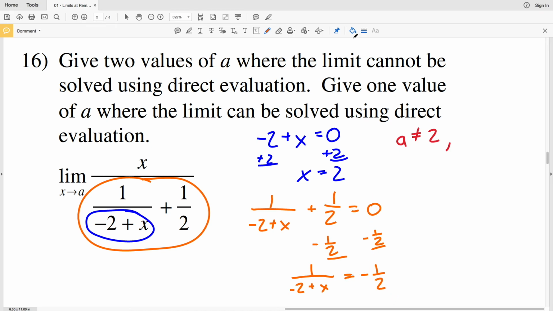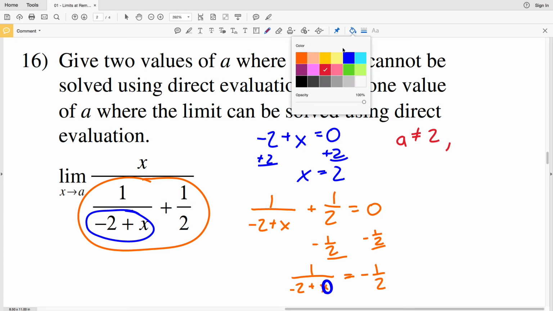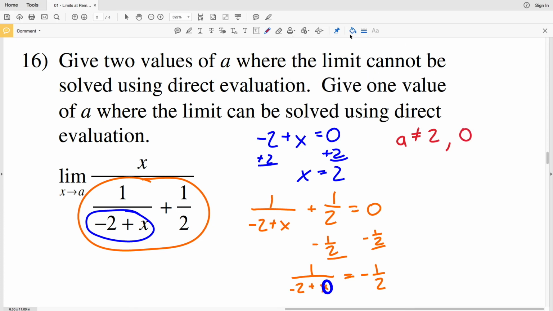Now we can continue solving, or I can recognize that 1 over -2 plus 0 would be -1/2. And -1/2 would indeed equal -1/2. So a can also not be 0.